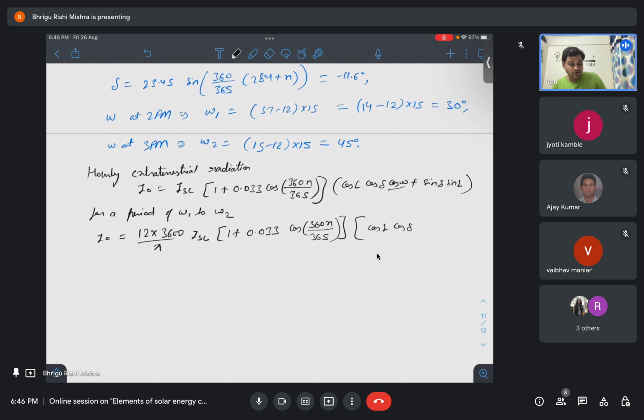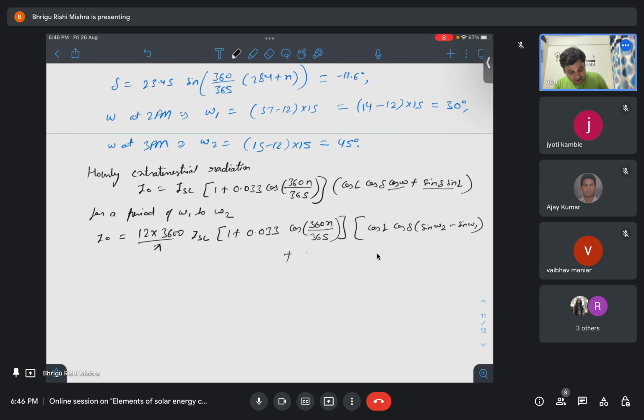Now the integration of this cos omega will be sin omega and limit omega 1 to omega 2, so it will give sin omega 2 minus sin omega 1, and this term there is no omega, so simply integration of d omega, which is nothing but omega 2 minus omega 1, but since omega are in the degree, we need to convert it in the radians.